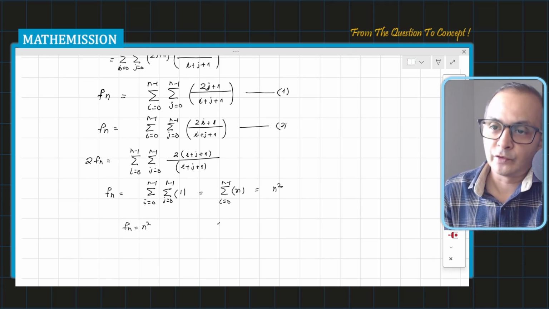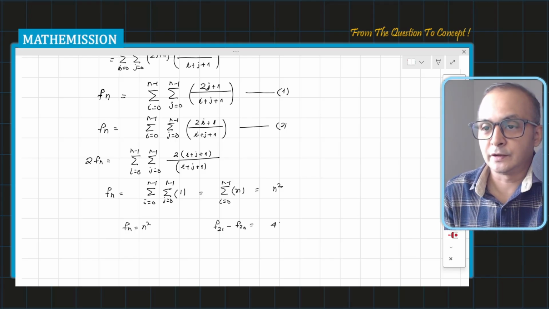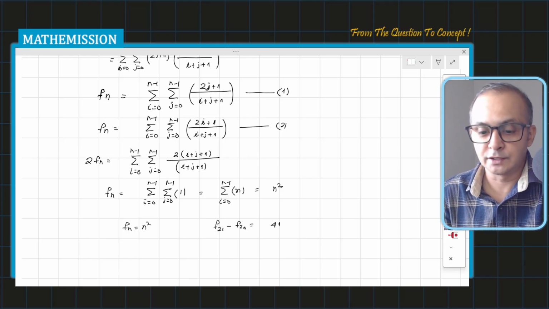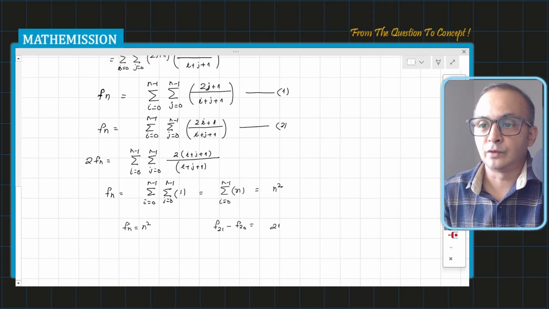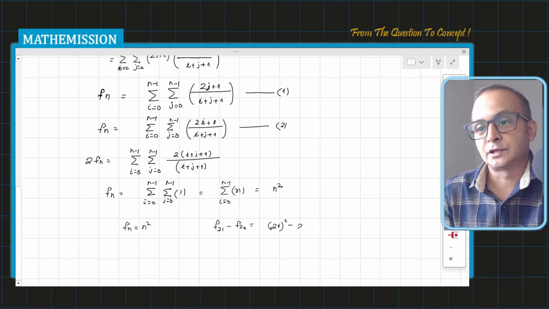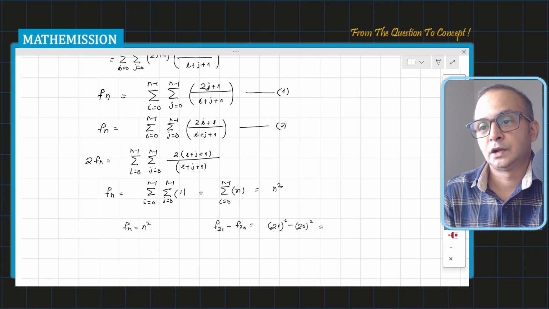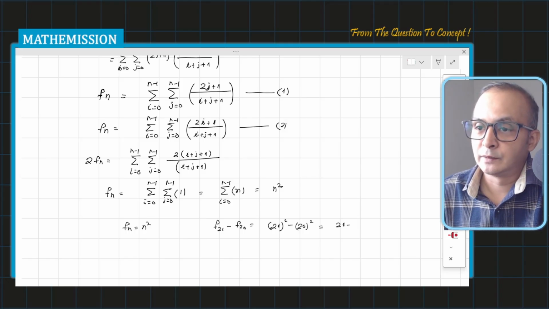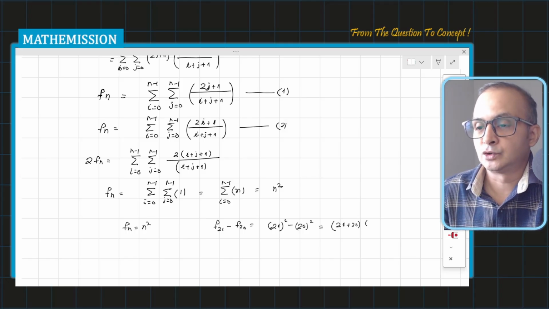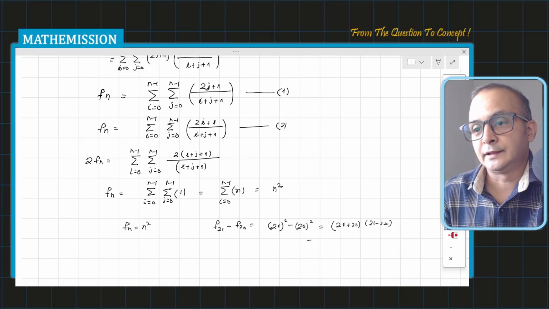So I have to find F21 minus F20, which is nothing but 21 square minus 20 square, and this will give you (21 plus 20) into (21 minus 20), and that results to 41. That should be the answer.